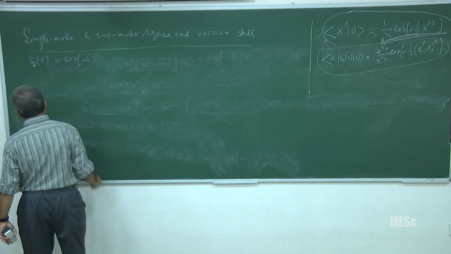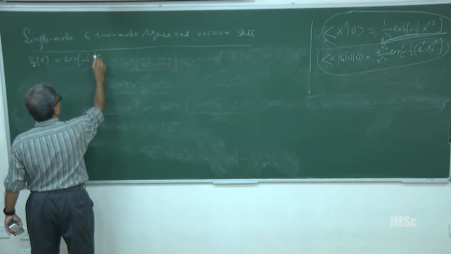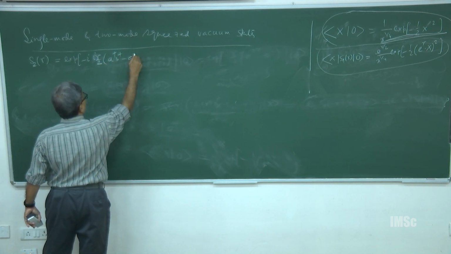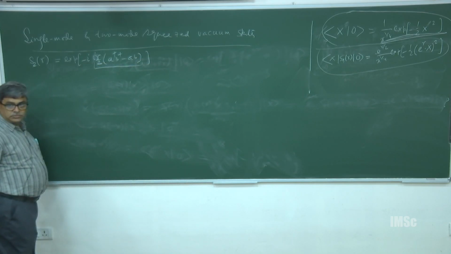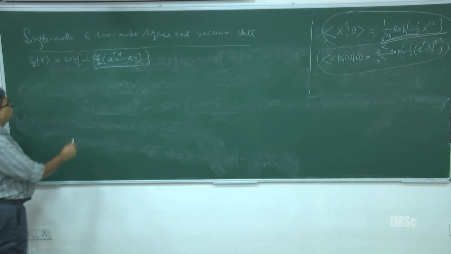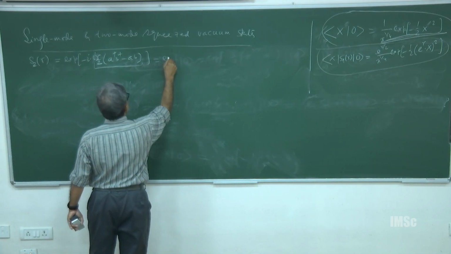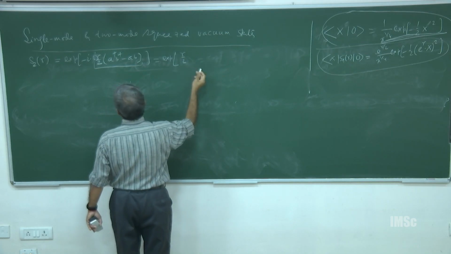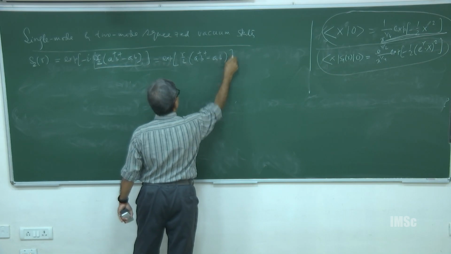I think it is iota R by 2 times A dagger B dagger minus AB. So this is my Hamiltonian. Therefore, this will be exponential of R by 2 times A dagger B dagger minus AB.